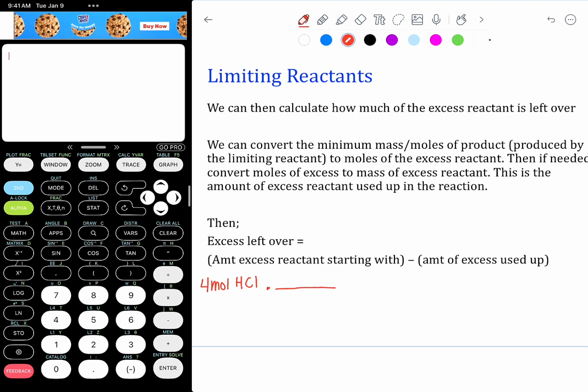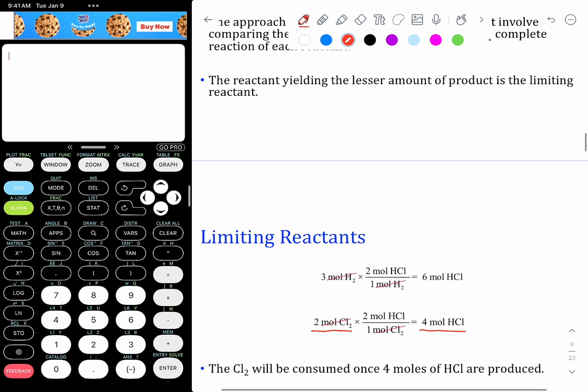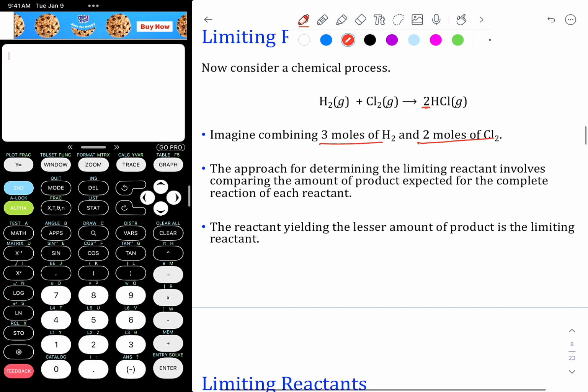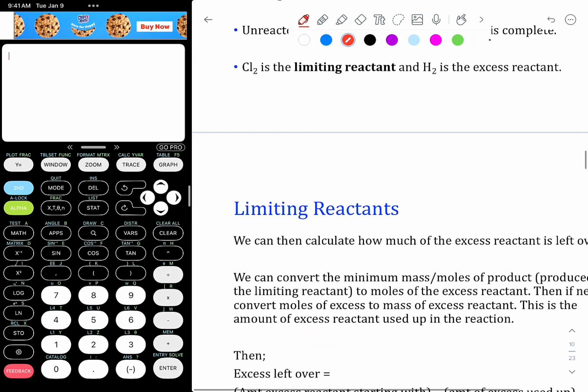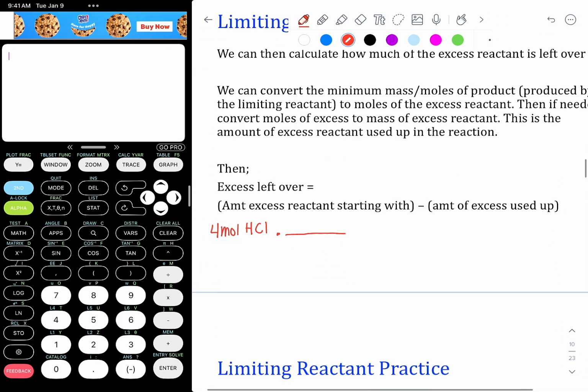So our balanced reaction, if I go back to it, had 2 moles of HCl and 1 mole of H2 gas, remembering that H2 was our excess reactant. So we have 2 moles of HCl for every 1 mole of H2. So to make 4 moles of HCl, I only had to use up 2 moles of H2.